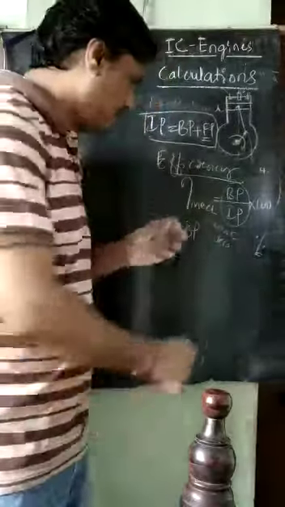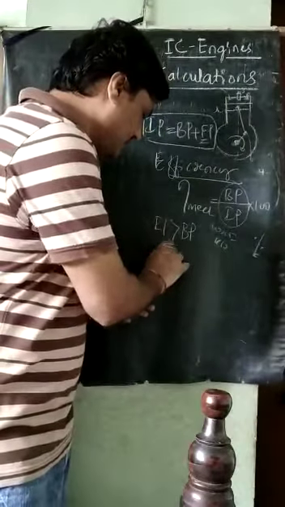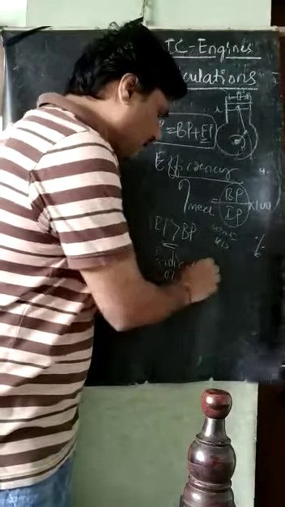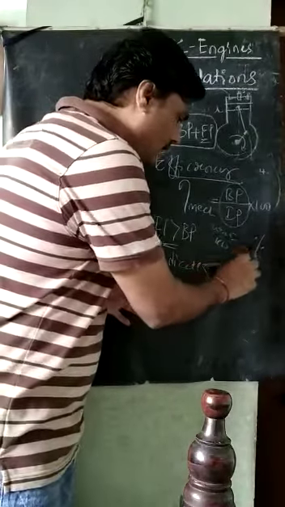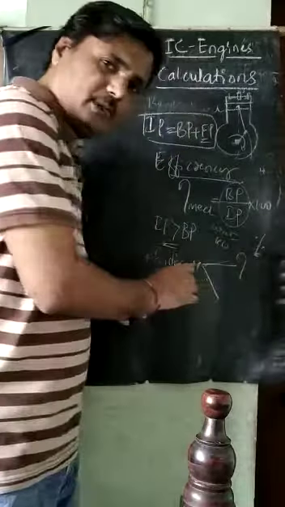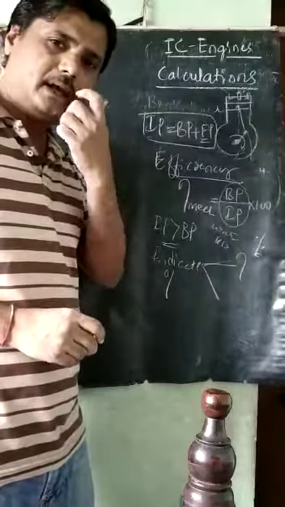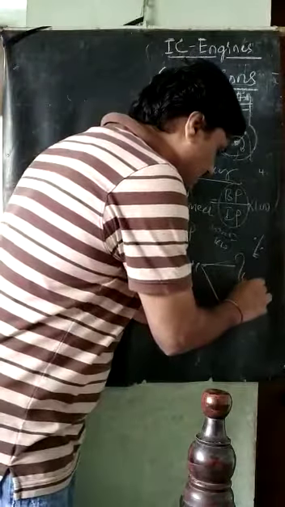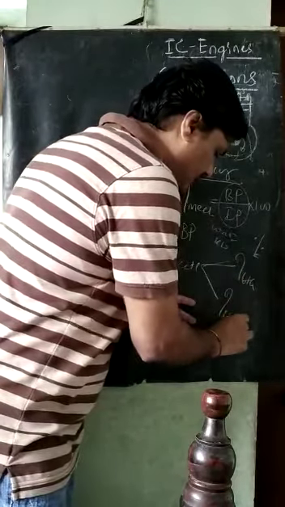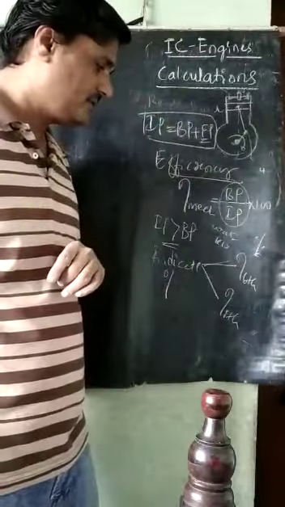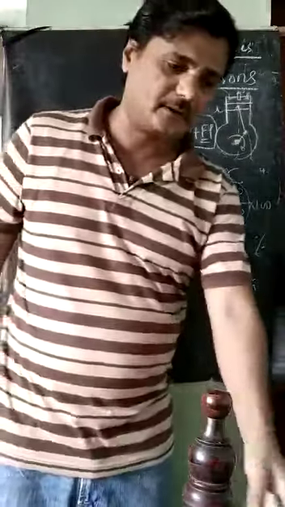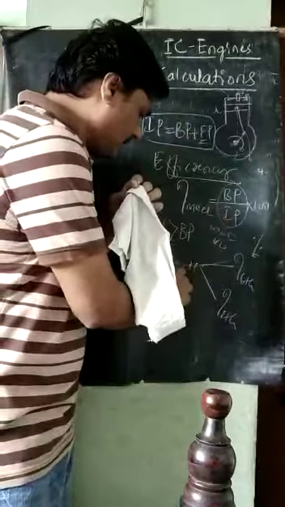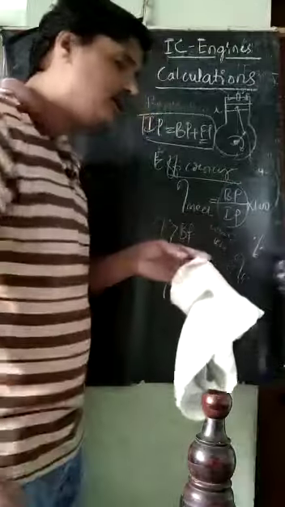Definitely there are two: brake thermal efficiency, BTH, and indicated thermal efficiency, ITH. Generally we call it thermal efficiency.